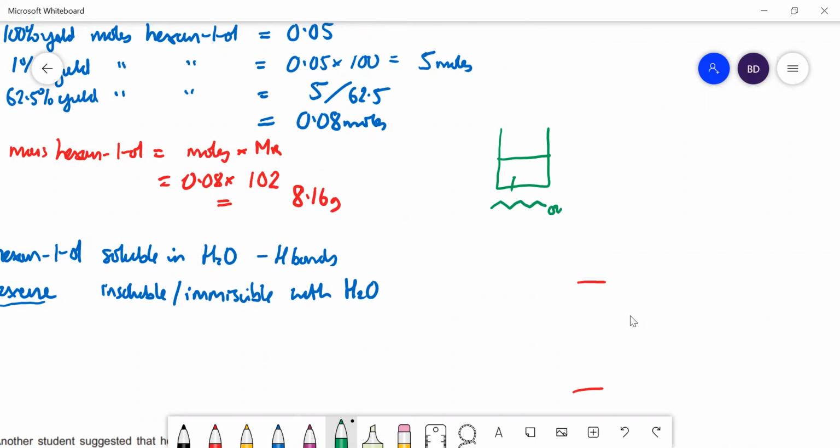You've got your hexan-1-ol and your hex-1-ene mixture in there. And you're going to add some water to that. This will dissolve in the water, but this one will not dissolve in the water, and then you're going to separate them using the separating funnel. So this is a separating funnel. They come in various different shapes and sizes, but there's my separating funnel. And the important thing is it's got a tap on the end of it.